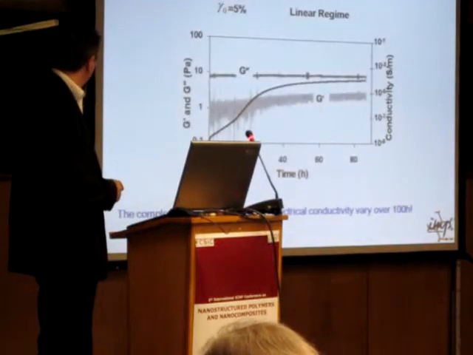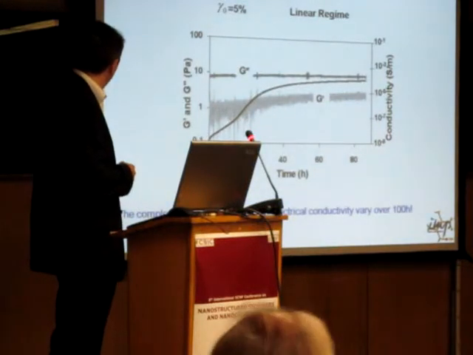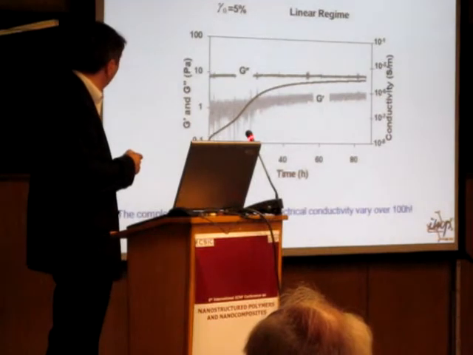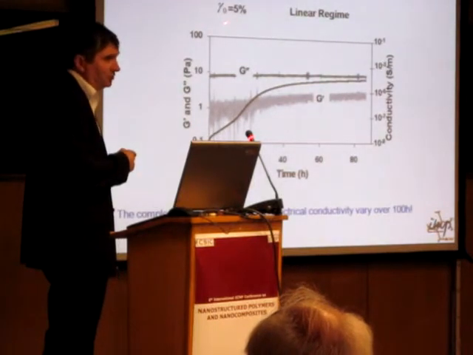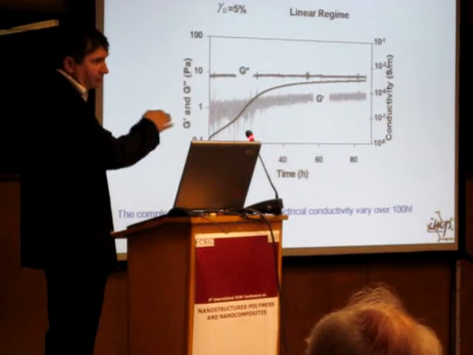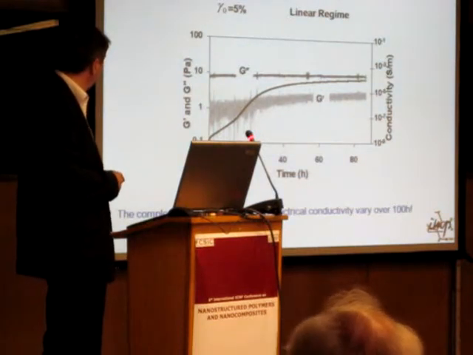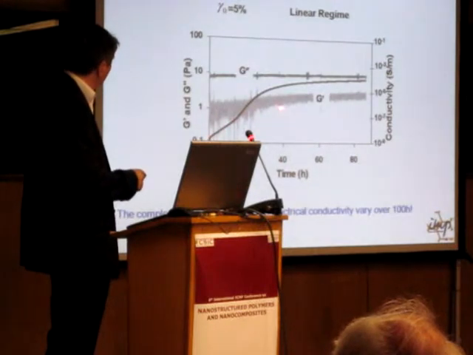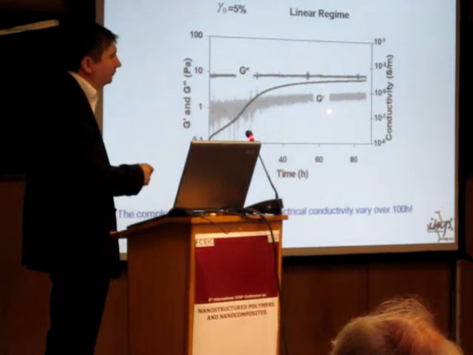The first experiment was as follows. The frequency used was 1 radian per second at the concentration of 0.2%. I remind you that at this concentration, we have a deviation from the Doi-Edwards theory. And we observe a small variation of the complex shear modulus, but we have a variation.